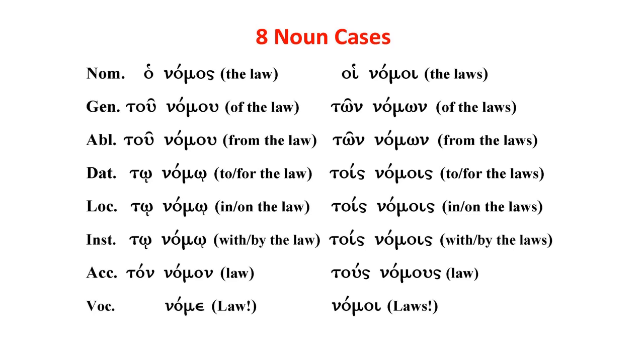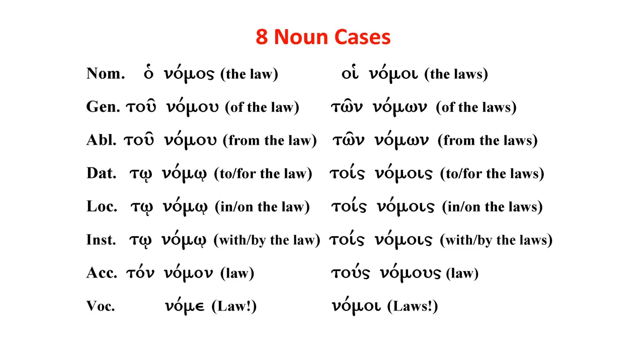Below that is genitive, and the genitive is simply the noun that is translated with the preposition of. Instead of the law, it's of the law, or of the laws, plural, in the case of ton nomon. And below that is ablative, and you'll always want to use the word from for an ablative case when you translate. It's just instead of the law, it's from the law.